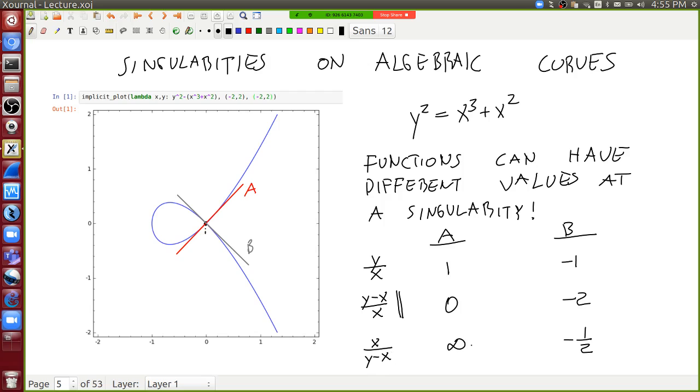I can even have a pole on one branch of the curve and a finite value on the other branch, both at the singularity. It really depends on which of these two branches you're on. So they really do tend to act like completely separate points, even though there's only one point on the plane.